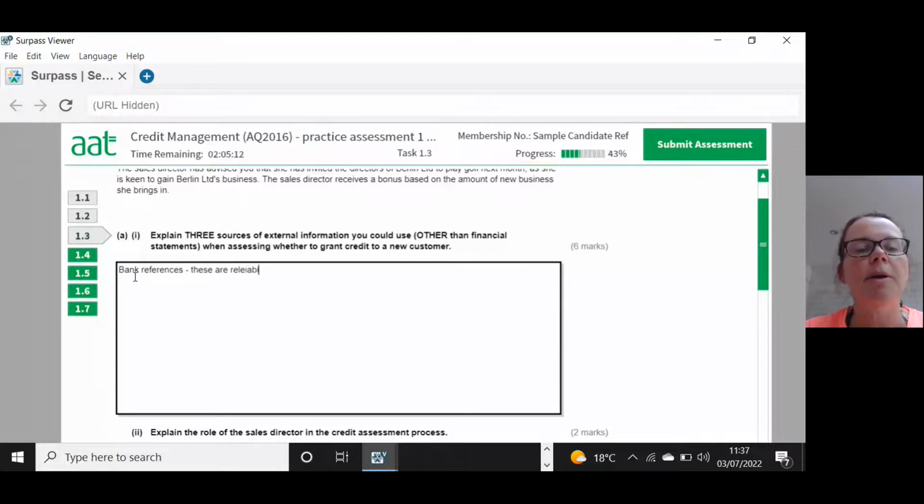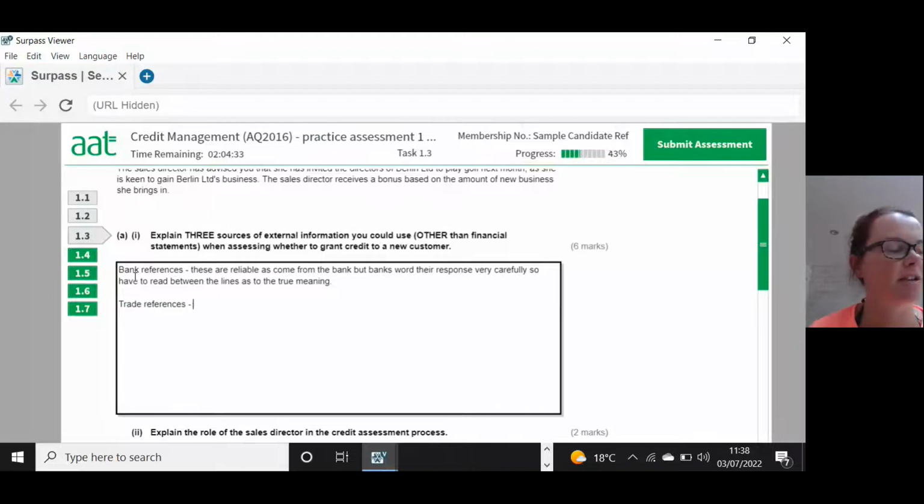these are reliable, they come from the bank, but banks word their response very carefully. They have to read between the lines as to the true meaning. Something like that. The second one would be trade references. So I'd get a mark for saying trade references.